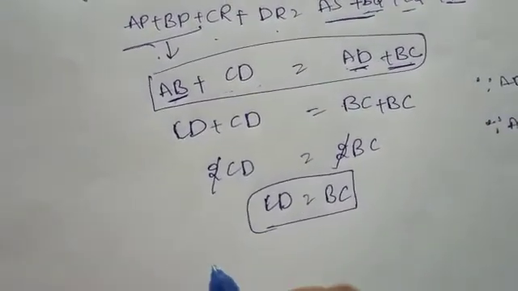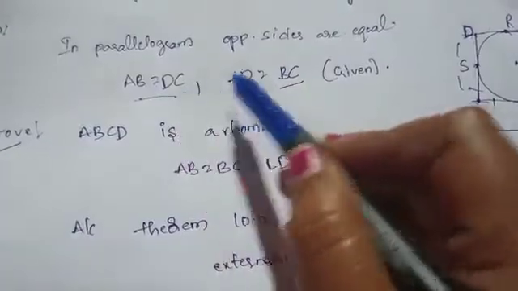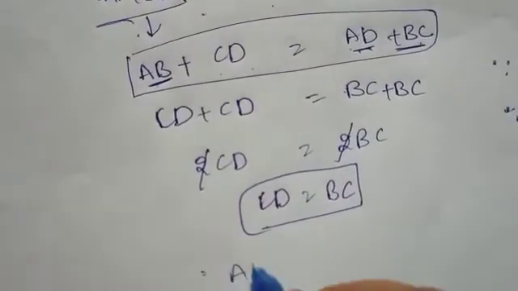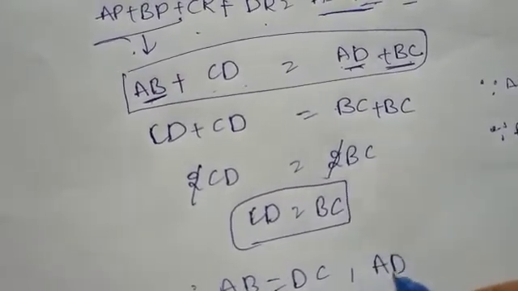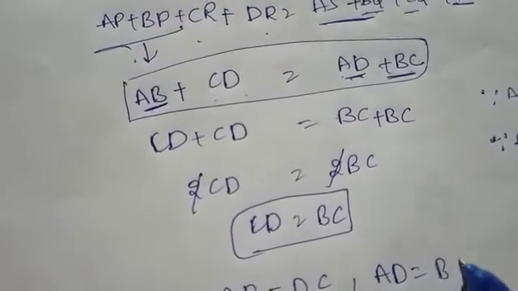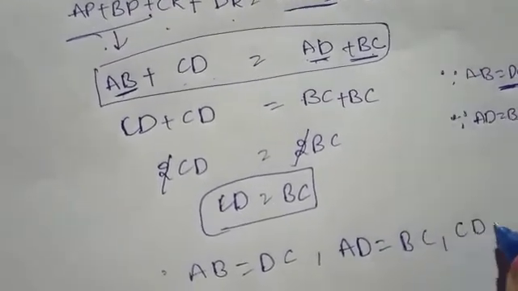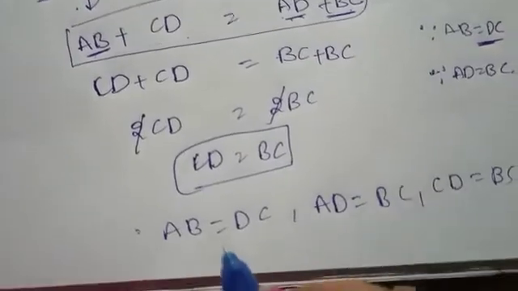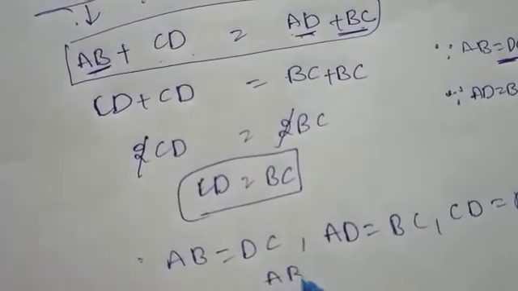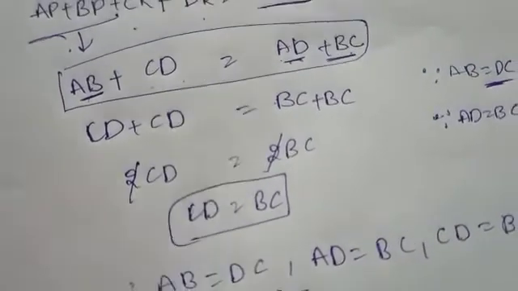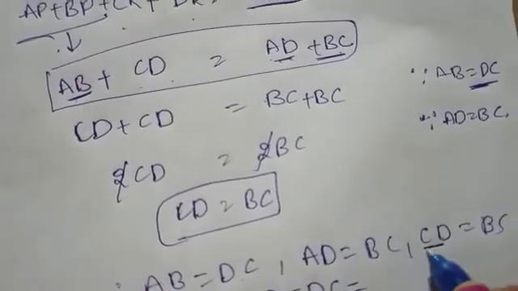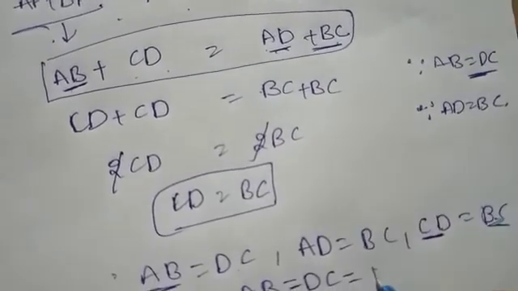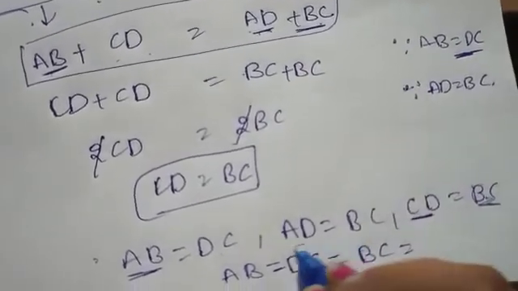Here we get AB equal to DC, AD equal to BC and CD equal to BC. Therefore, AB equal to DC, DC equal to BC, BC equal to AD.